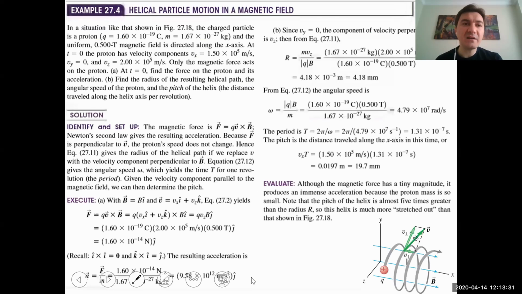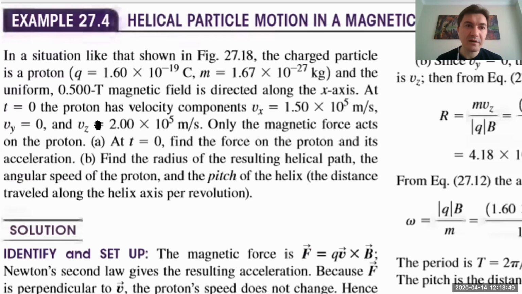We have another example here, helical particle motion in a magnetic field. Example for that type of movement. So let me continue. If you cannot read the letters, let me magnify it.